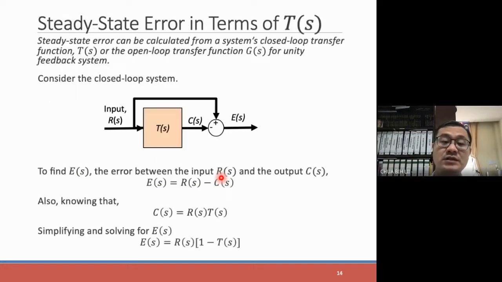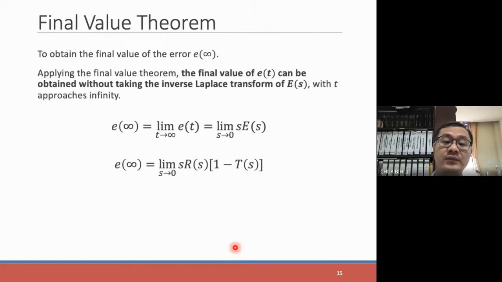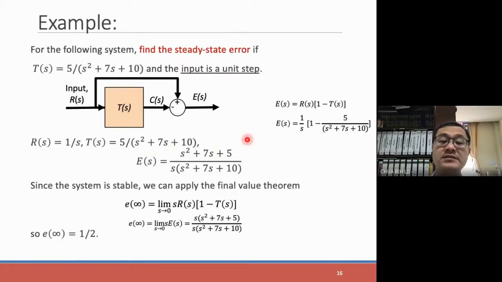You just use this formula. You have R equal to 1 over s and your error is 1 minus T, and you get this value. Once you get this value, substitute it into your final value theorem.